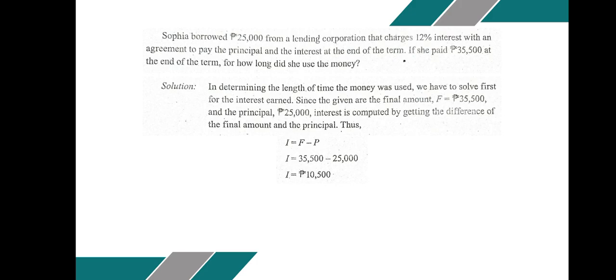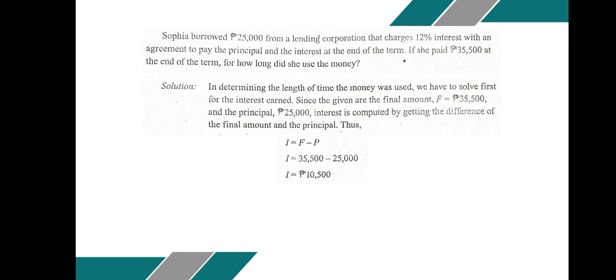So, since we are looking for the interest, so we just simply subtract yung maturity value or yung F natin with the principal. So, that is 35,500 minus 25,000 or yung interest dito is 10,500 pesos. So, yan yung patong, no, sa kanyang inutang, which is 10,500 pesos.